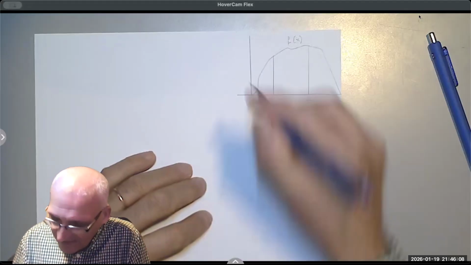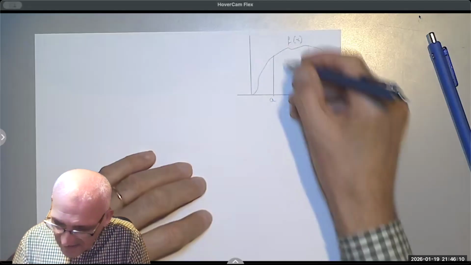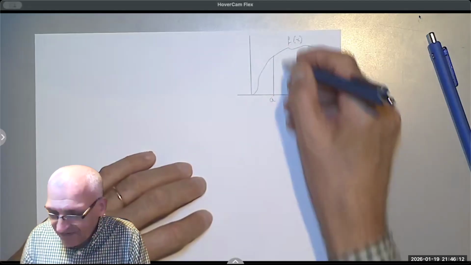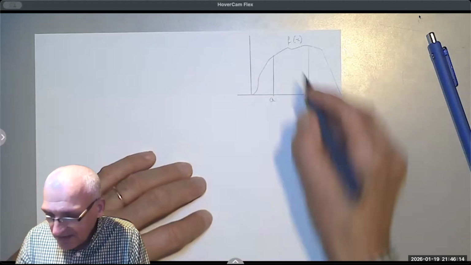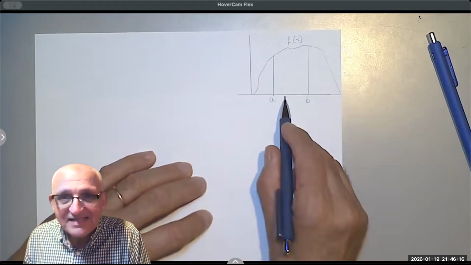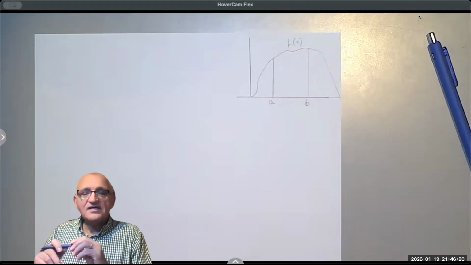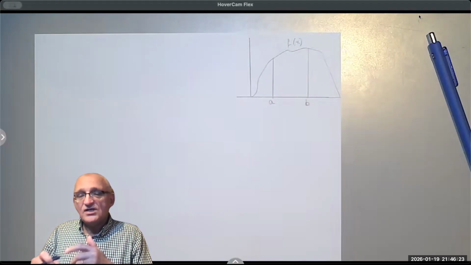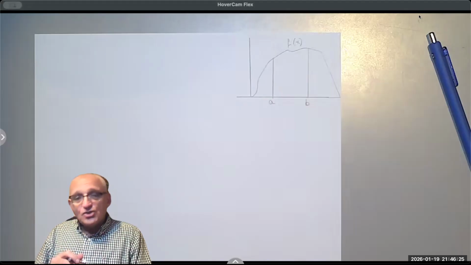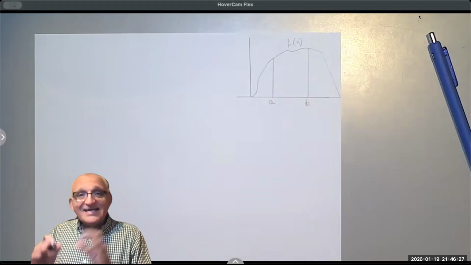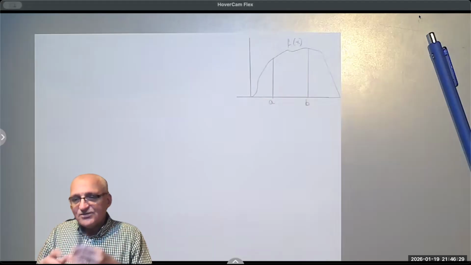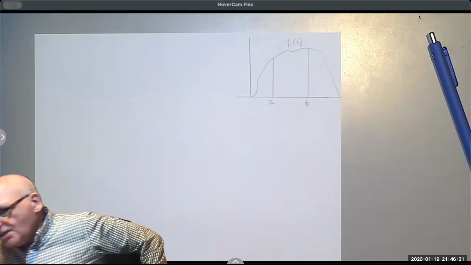Each rectangle will have a height, which is f of whatever value of x is between A and B, and a width of delta x, or in fact dx, because the limit as delta x approaches 0 we call it dx. So that should give me the exact area under the graph, but we have to write it in a way.